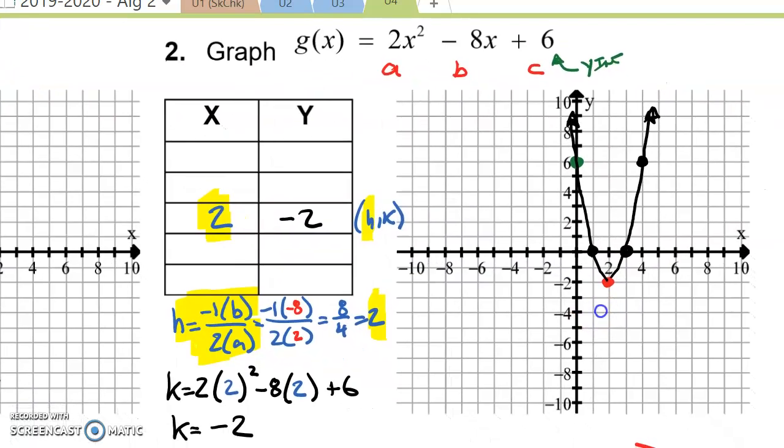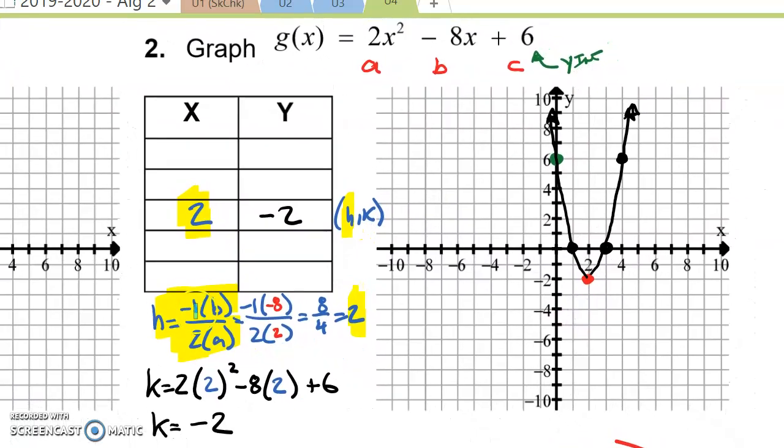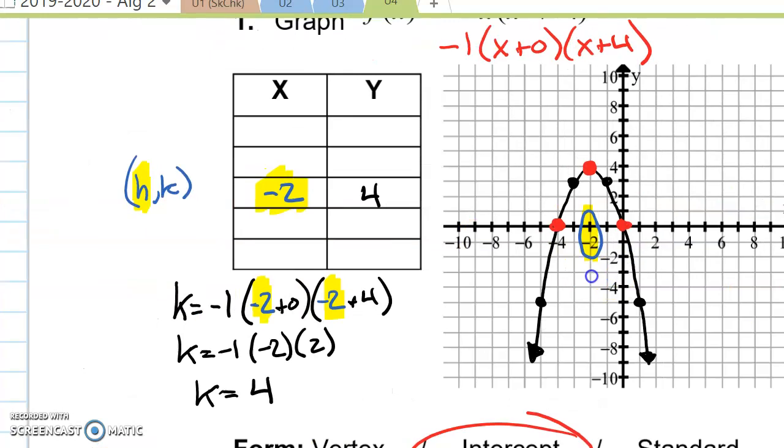And in number 2, substituting using the formula h equals -1 times b over 2a, we find an h value of 2, and substituting that in to find the k value of -2. Following the quadratic pattern here affected by the a value of 2, I go over 1 up 2, over 2 and up 8 in this case, and that gives me my graph that's listed here. And we can fill in all the relevant information from these two graphs.